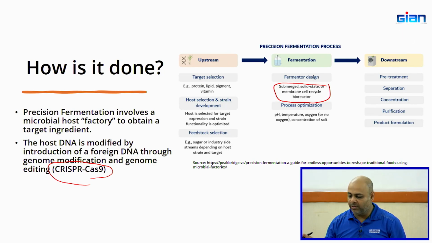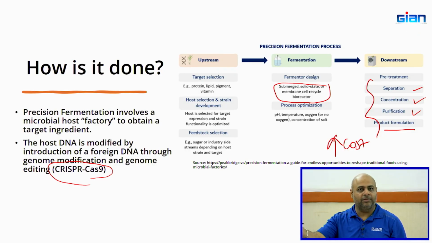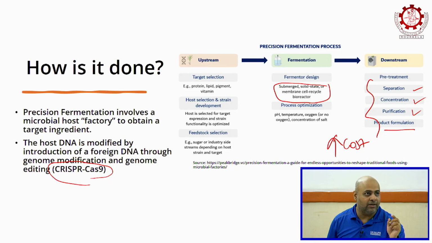And then comes the downstream processing. You might require some pretreatment, you might require separation, concentration, purification, product formulation. All of this adds to the cost, which is always going to increase. The more steps are added, the higher the cost. So now think again, in precision fermentation, we are making a very specific product of a very high value.